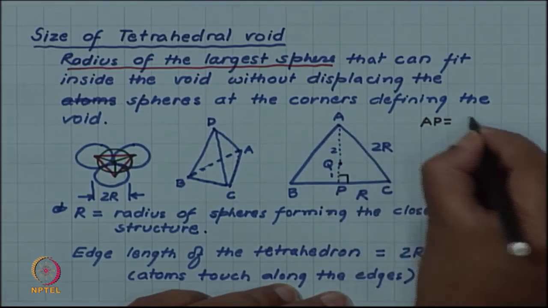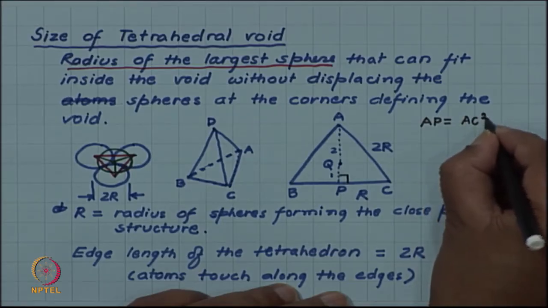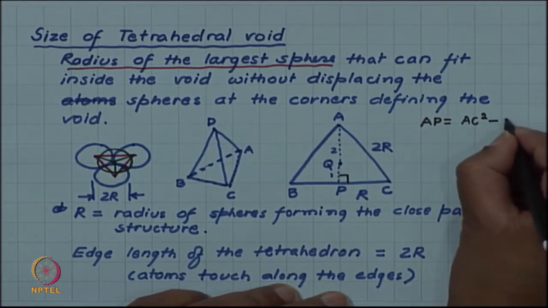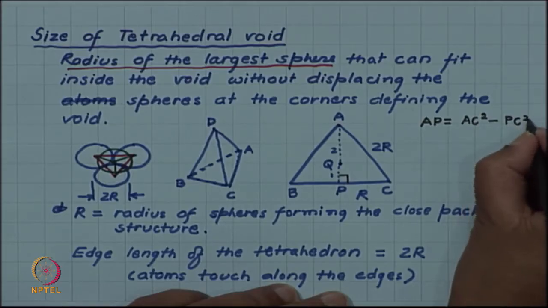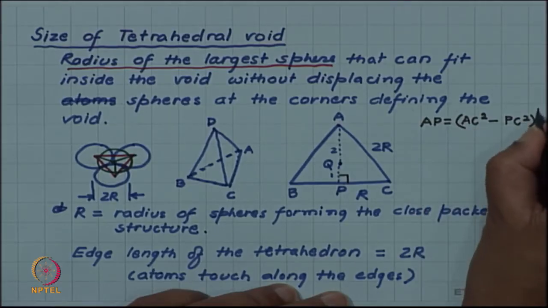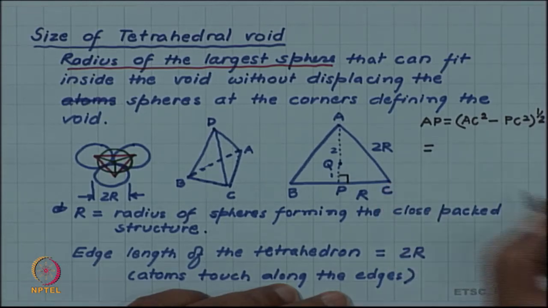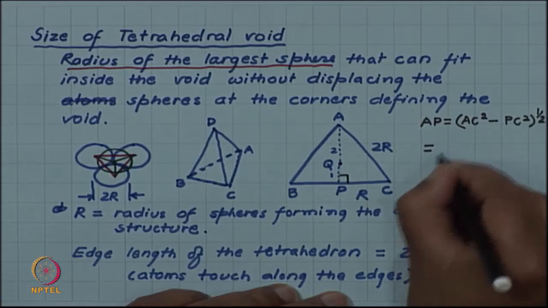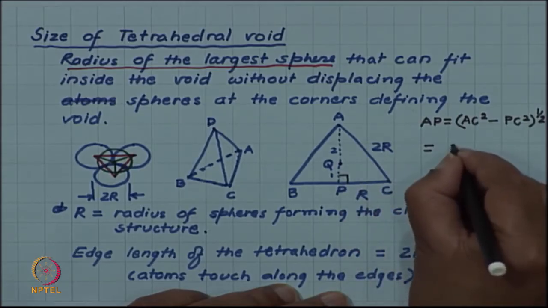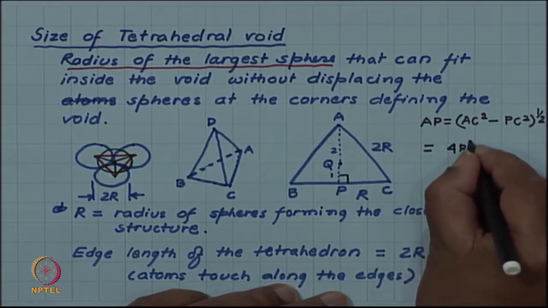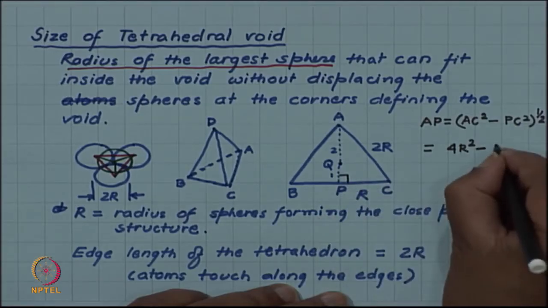So, AP square, by using Pythagoras theorem, will be AC square minus PC square, which of course becomes, AC is 2r, so 4r square minus r square, and PC is r.